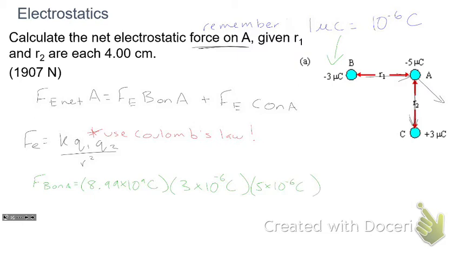I just realized I didn't do my units right for my constant: 8.99 times 10 to the 9 newton meter squared per coulomb squared. And then we divide that by our separation distance, which is 4 centimeters, which is 0.04 meters squared.